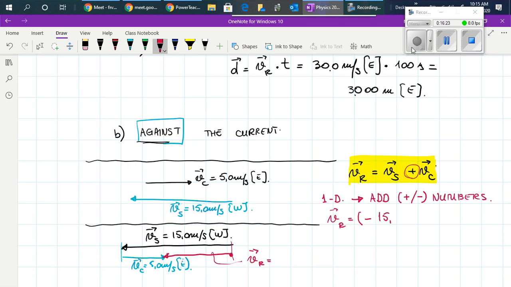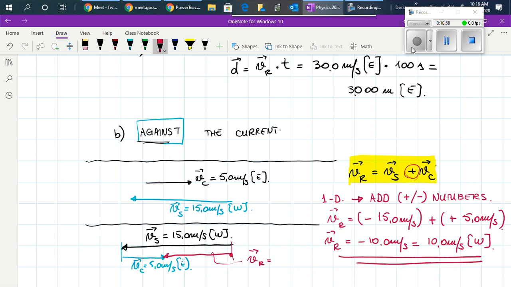Negative 15 meters per second plus, because the relationship dictates it, the velocity of the current going east. Is it positive or negative? Positive 5 meters per second. So the resultant velocity will be negative 10 meters per second, or you can say 10 meters per second going west.